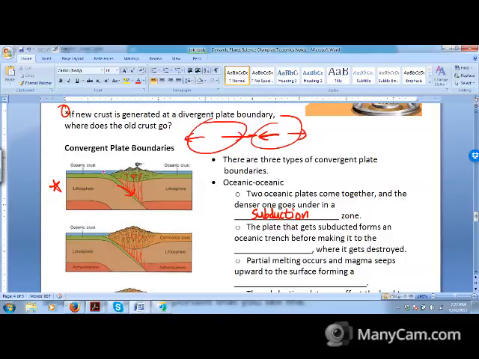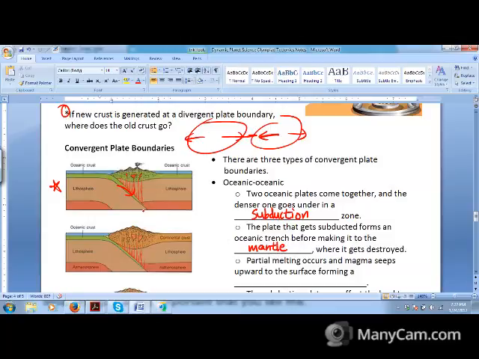Now because this is going all the way to the bottom of the ocean, it is going to push on a really, really deep part of the ocean called a trench. That is how a trench forms, because this subducting plate is going to go under and essentially make a hole or a space in the bottom of the ocean. So that's an oceanic trench, and it makes it to the mantle, where it's essentially destroyed by all that heat.